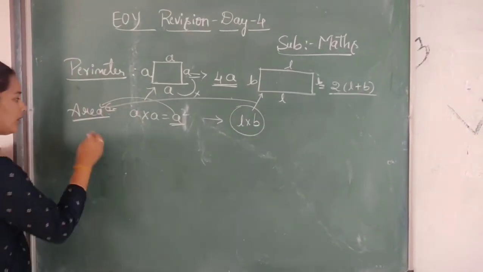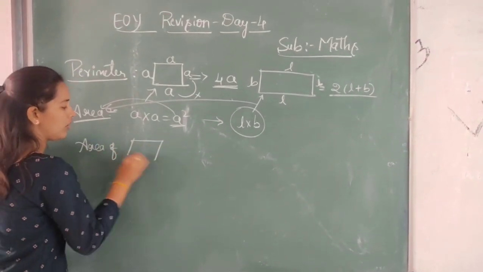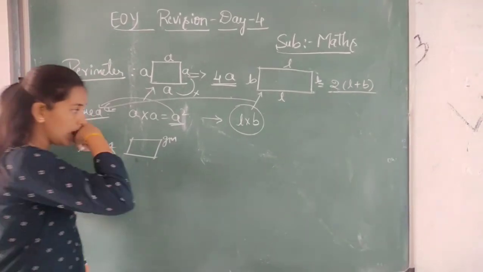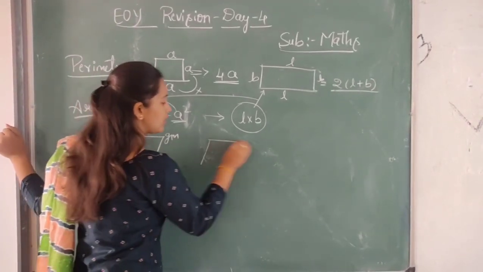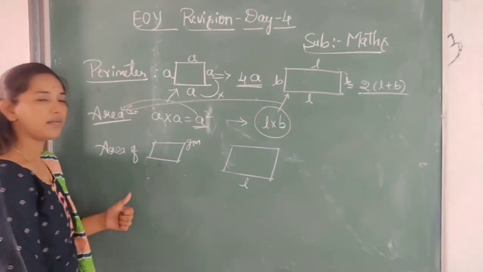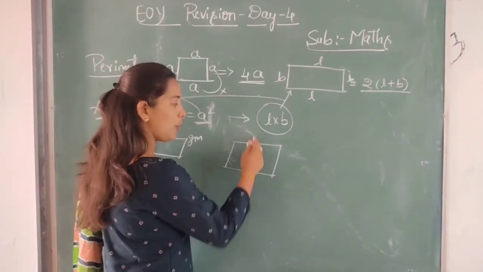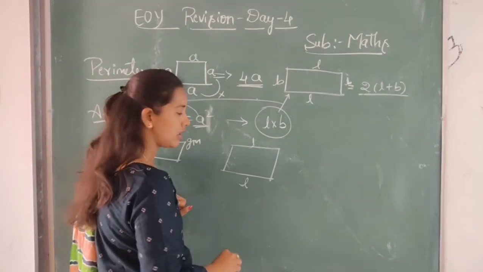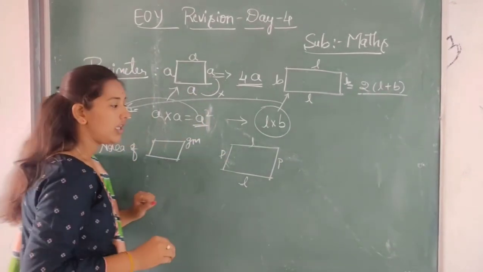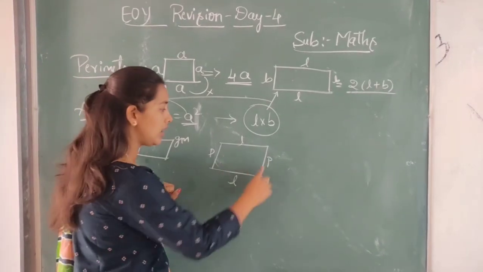Now the area of a parallelogram. In a parallelogram, opposite sides are equal. So this is L and I am taking this as P. Now we have to take the height of the parallelogram, but here there is no height.